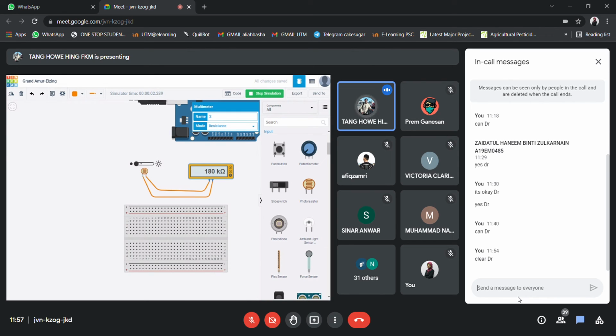All right, this is darkness. And then when it is complete brightness, I'm going to get a resistance of 506 ohm. Okay.